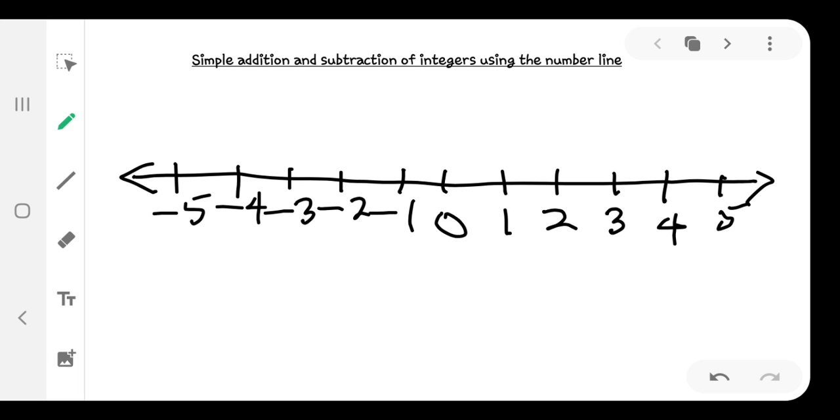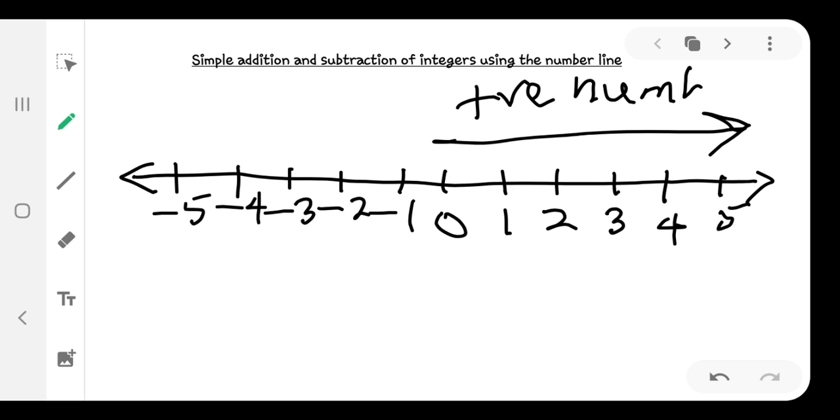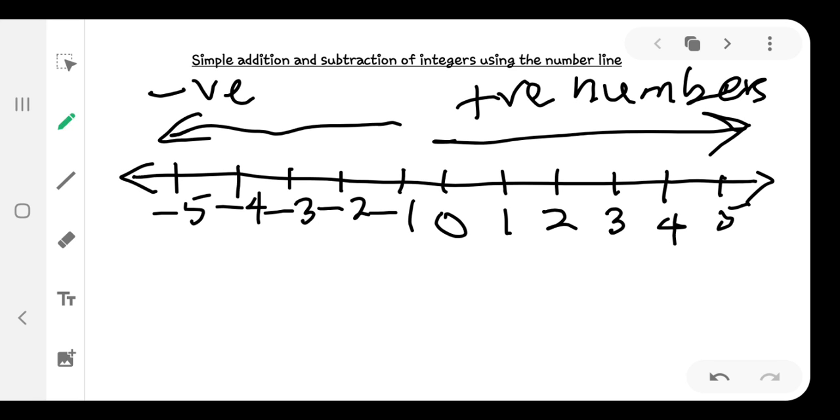On the number line, moving to your right gives positive numbers, and moving the other way, to the left, gives negative numbers. So this is a number line.